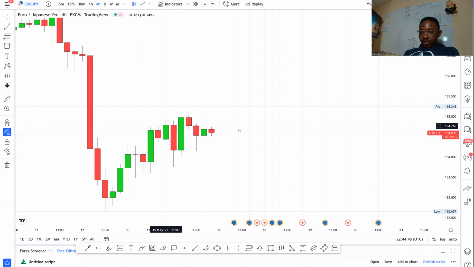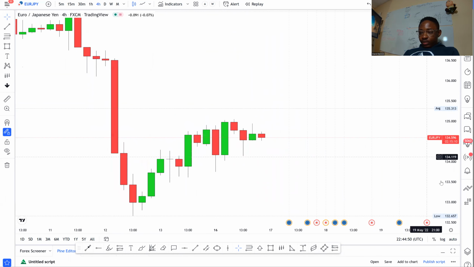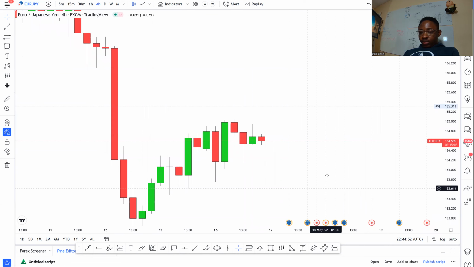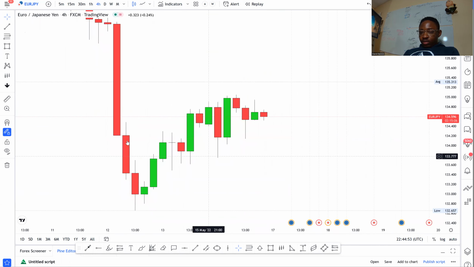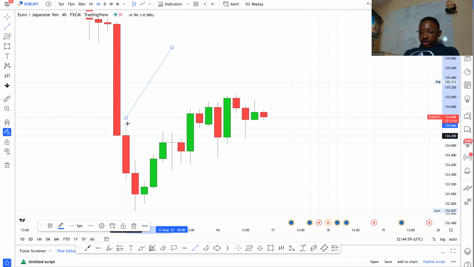Let's focus on this one here. This is red, so the market went down. We started from here and then we went down here. And this is representing our wick, our high price and our low price.